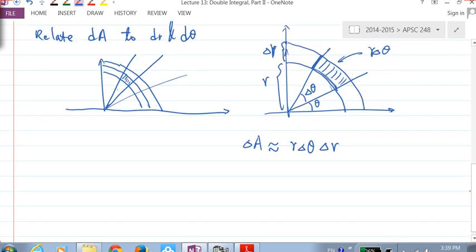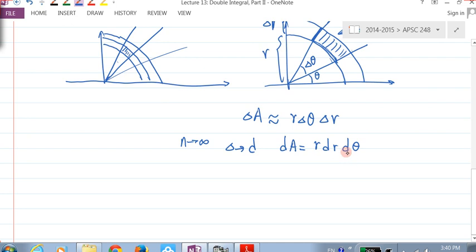Is that right? Yeah. So imagine if you have as many as possible, as n goes to infinity, this delta becomes the symbol d. So in other words, dA is equal to R dr d theta.